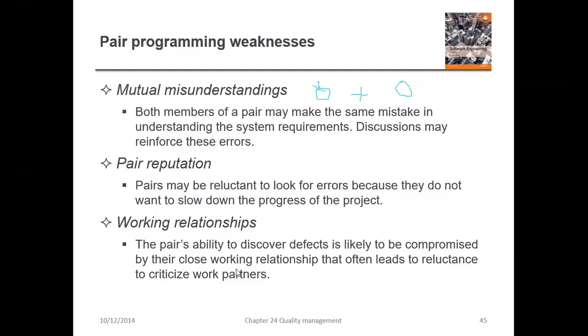So they will overlook some of the mistakes that they are supposed to correct because of the working relationship they have. So these are some of the weaknesses we can find when it comes to pair programming.